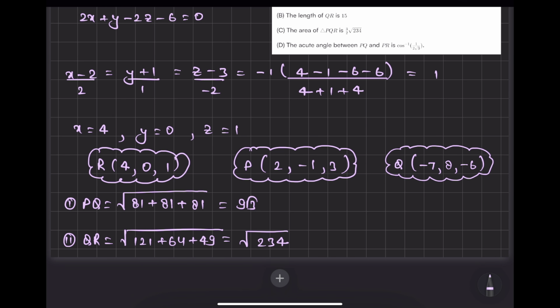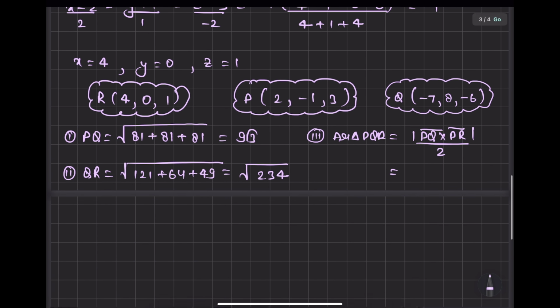Then the area of triangle PQR. So area of triangle PQR means what? We will require much time. So the area of triangle PQR is the magnitude of PQ vector cross PR vector, mod by 2. So you need to find PQ and PR.